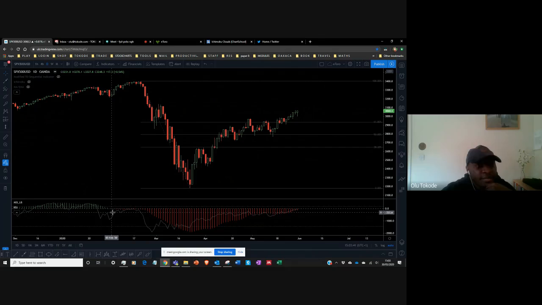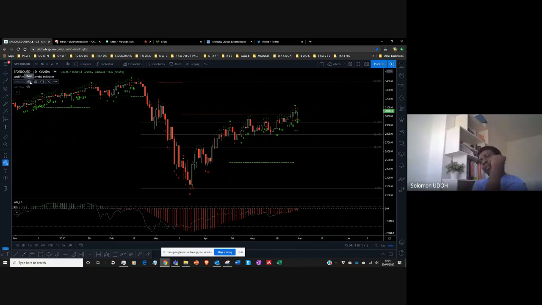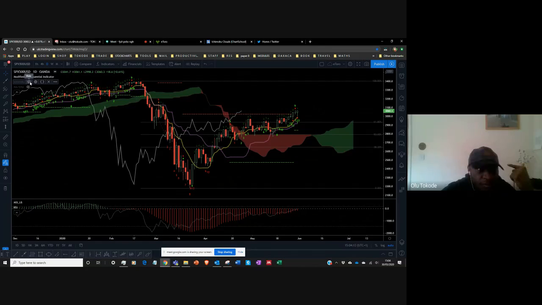So let's say you were trying to trade during this period, and you had this TD Sequential giving you a 9 sell setup, aggressive 13, and then you look at this indicator, it tells you we're now in bearish territory, and you're hearing news of the coronavirus, and you look at Ichimoku, they're still above the cloud.